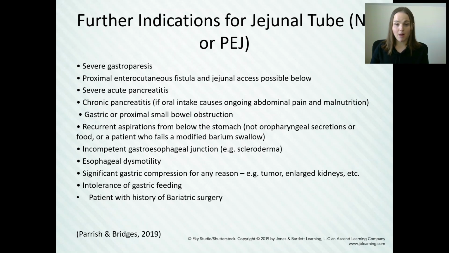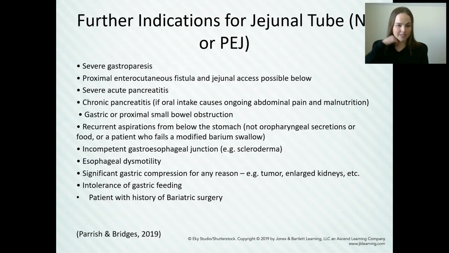If a patient has a small bowel obstruction or gastric obstruction, you might be able to place the J-tube below the obstruction. Sometimes you can feed the tube past the obstruction, but most often the doctor is not going to do that, but that is an option.